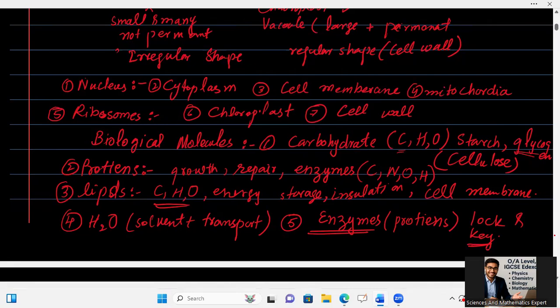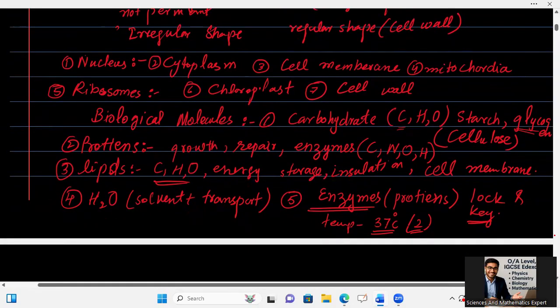The optimum temperature is 37 degrees centigrade for the normal human body, and for pH, pepsin in the stomach works at pH 2 for the digestion of food. If it is too hot, the enzymes denature, the active site changes shape, the substrate no longer fits, and the reaction stops.